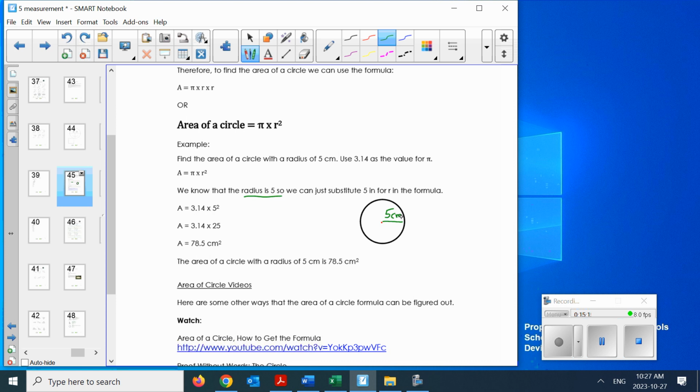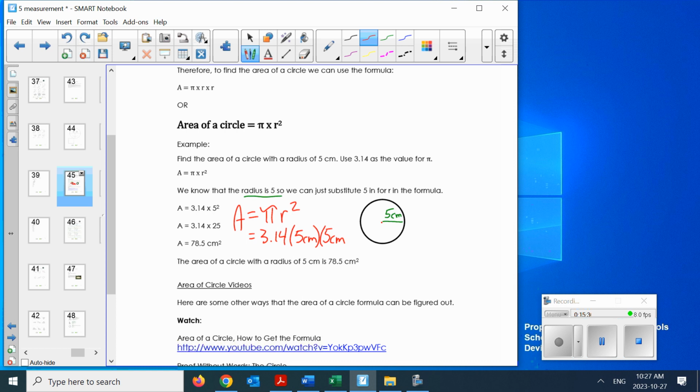The formula, you don't need to know anything else to find the area. All you do, this pi r squared thing is just 3.14 times 5 centimeters times 5 centimeters again.